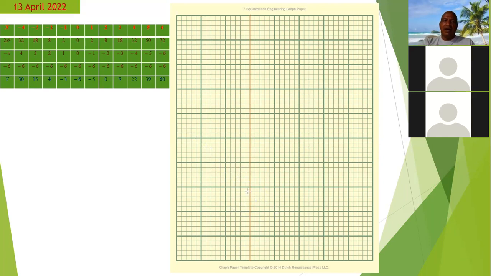And that means you would have to leave about 6 of the centimeter boxes above. So if we have 6 centimeter boxes above, 1, 2, 3, 4, 5, 6, that means we could put our x-axis around here.